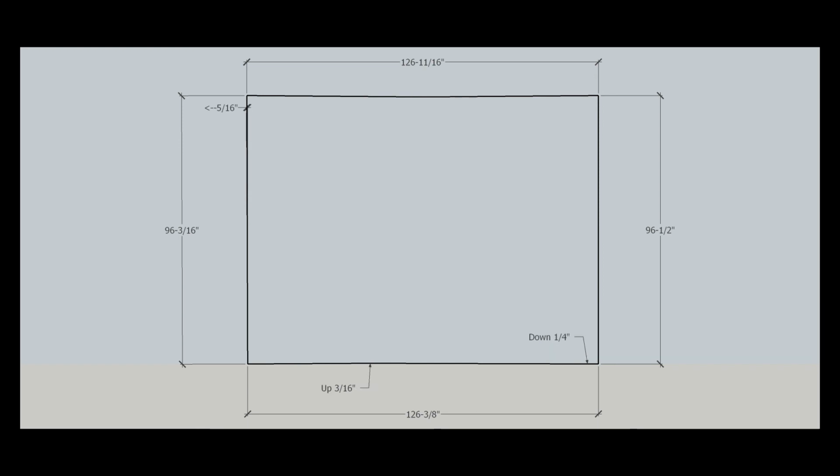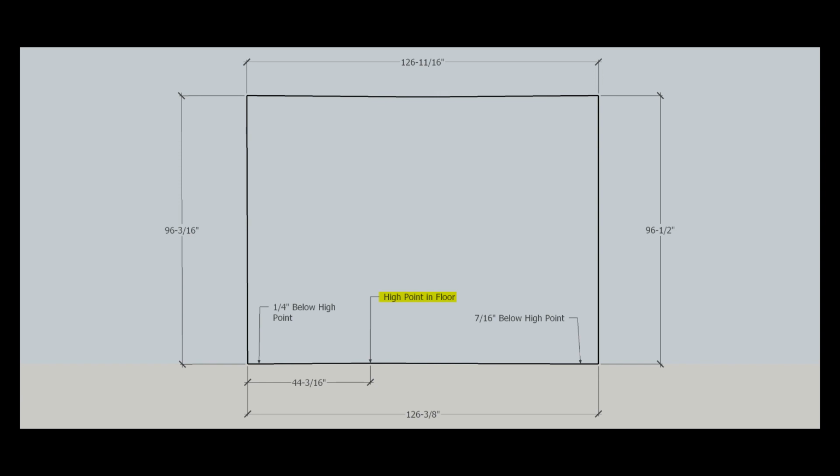For example, up 3/16 of an inch and down a 1/4 inch, that's not very helpful. There's no reference point clearly identified within these measurements here. What we need is to clearly identify a reference point. In this case, we're labeling a point that's 44 and 3/16 from the left.